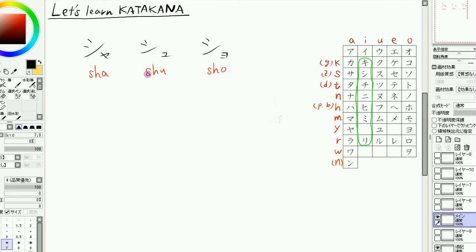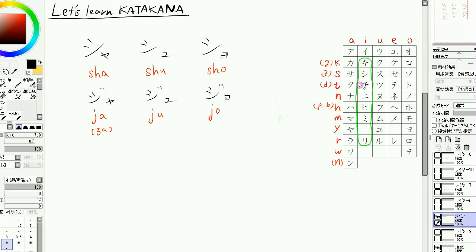I guess these are easy for you to pronounce. If we put voice sound markers, of course, it's jia, which means ja. Ja, ju, and jo. Pronunciation is like this. So ja, ju, jo.